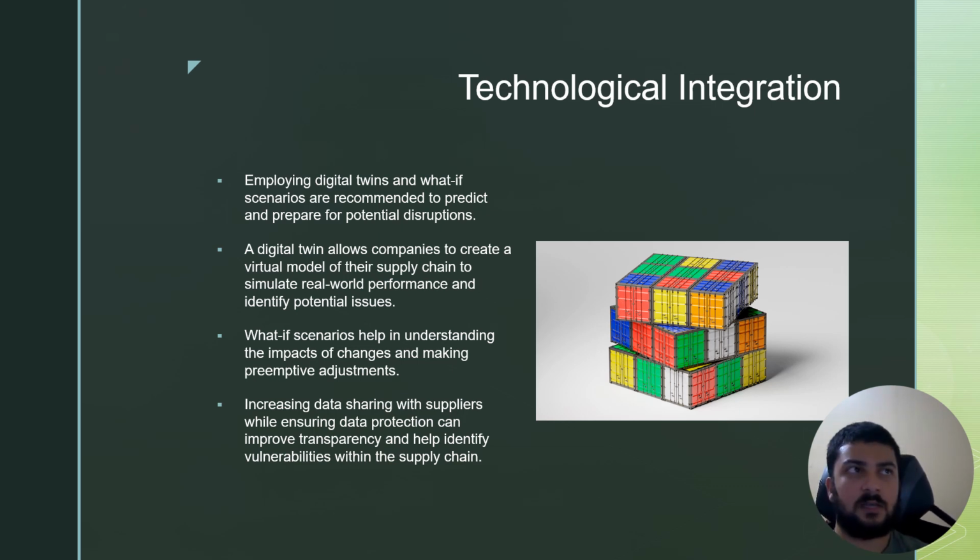It's a finance class, and what-if scenarios are very easy to simulate. Also, Monte Carlo simulations. What-if scenarios help in understanding the impacts of changes and making preemptive adjustments. Increasing data sharing with suppliers while ensuring data protection can improve transparency and help identify vulnerabilities within the supply chain.